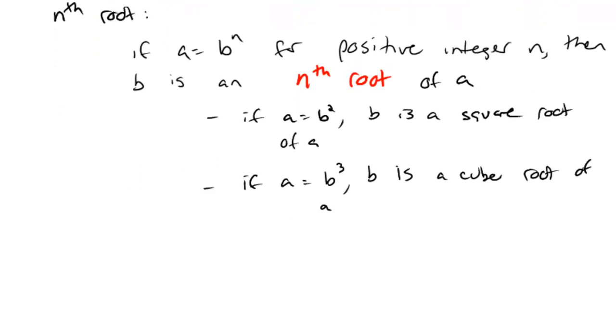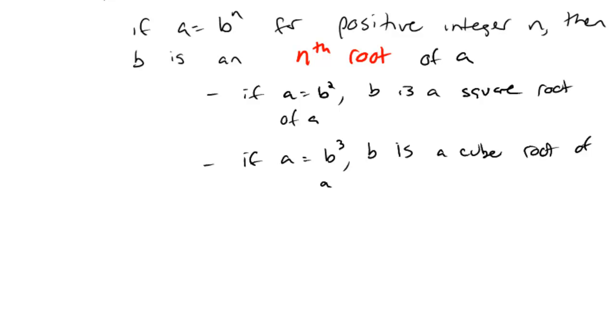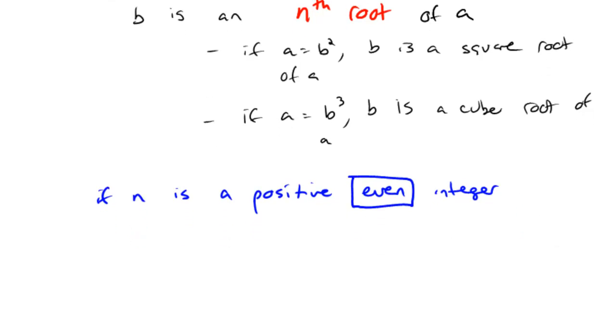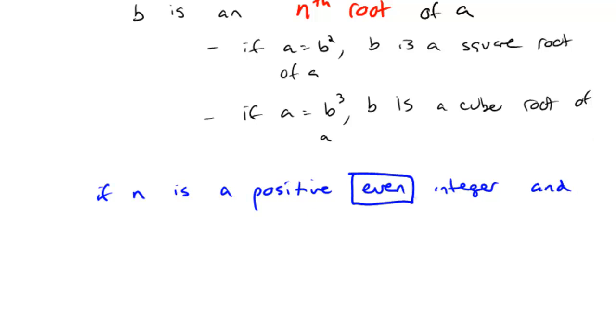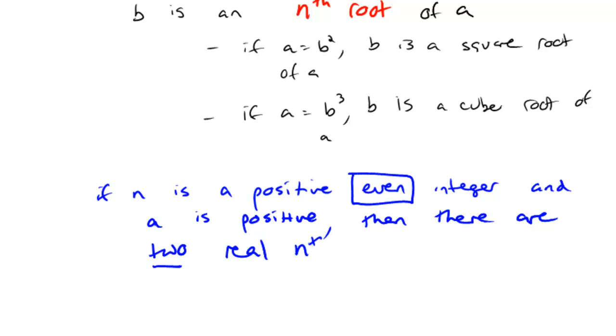So going down a little further, this gets a little bit more complicated. If n is a positive even integer, so if n is even and a is positive, then there are 2 real nth roots of a.